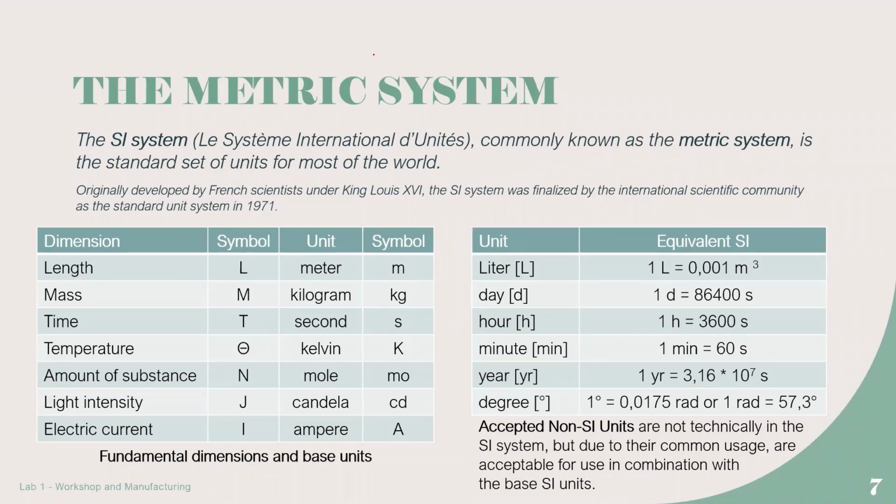And metric system. We have talked about this before, but let's talk about it again. The metric system is also called SI system. It is the system that we are using in Europe or in almost all countries.